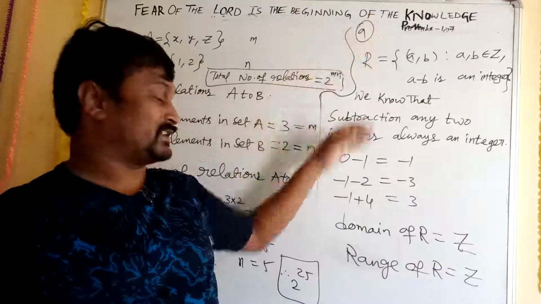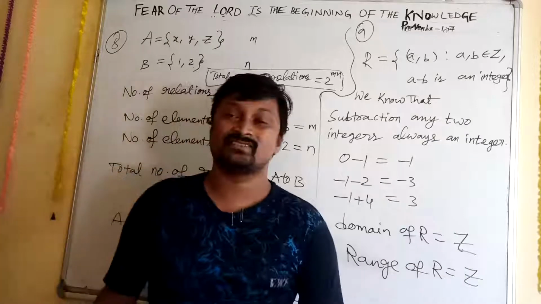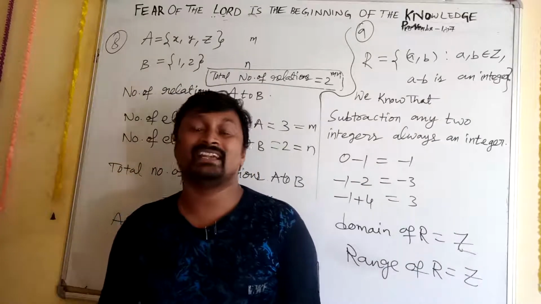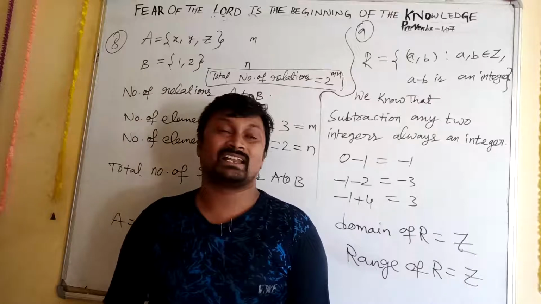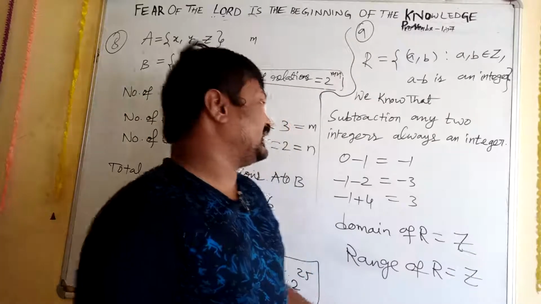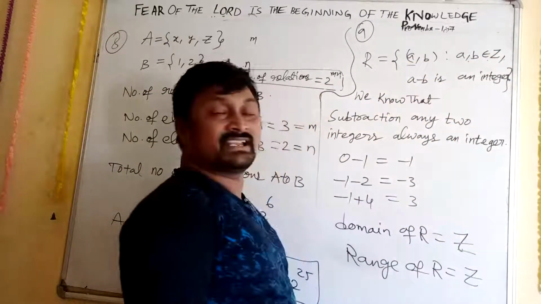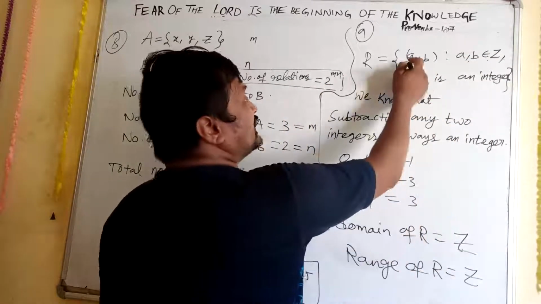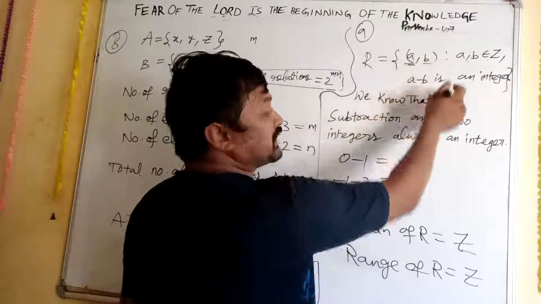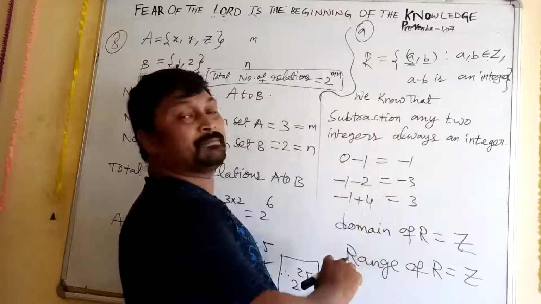What is your answer for this relation? Domain of R is equal to Z. Range of R is also Z. Z is nothing but the integers. So have you understood what I said here? A and B belong to the integers, they have given. A is your input, B is your output, and I searched whether it is possible to be an integer or not.